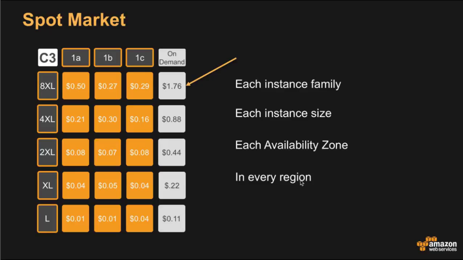So when you run your big data workloads, if you have the flexibility of running on different instance sizes, in different availability zones, or in different regions, that definitely ties directly into your cost savings as well.